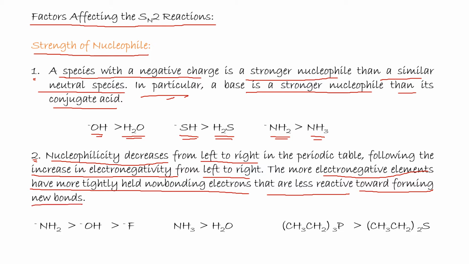Going from left to right, we will find that amide is a stronger nucleophile than hydroxide than fluoride. We will find also that ammonia is more nucleophilic than water. Triethylphosphine is a stronger nucleophile than diethyl sulfide.